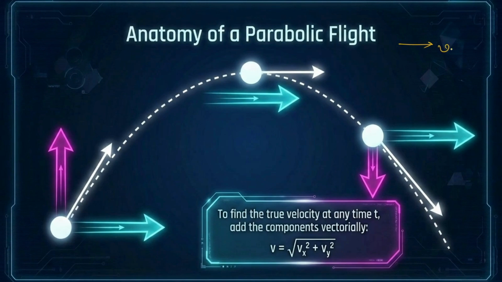So this is the Vx component and the Vy component, and the resultant velocity is in this direction. We know the formula for the resultant: v square is equal to vx square plus vy square plus 2 vx vy cos theta.